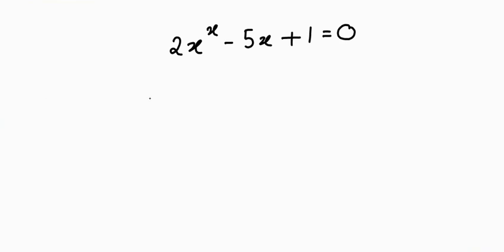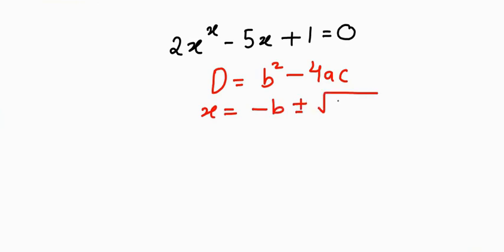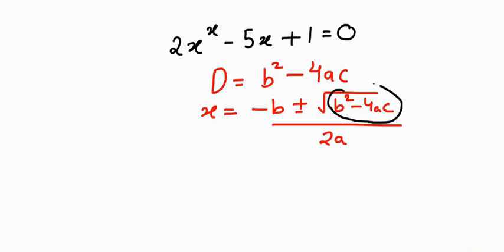So the nature of roots depends on the discriminant. Discriminant is b square minus 4ac. If you remember the equation, this was x equals to minus b plus minus under root b square minus 4ac upon 2a. So inside this under root, we have our discriminant. This is going to decide the nature of roots because definitely a, b, c are real numbers, so minus b upon 2a is just going to give us some real number.